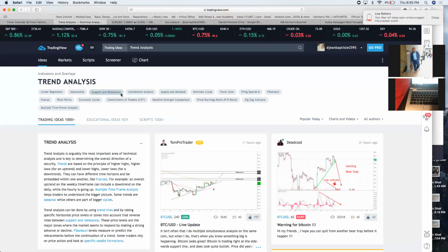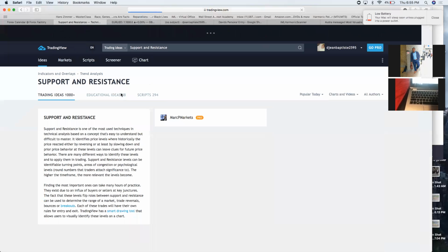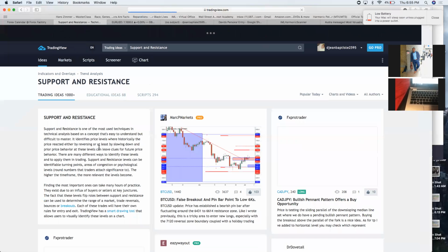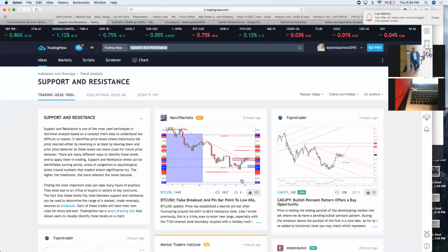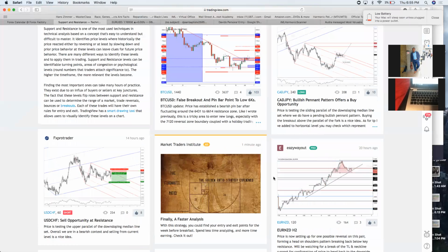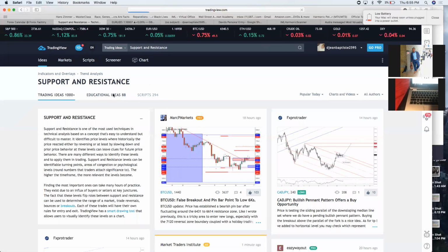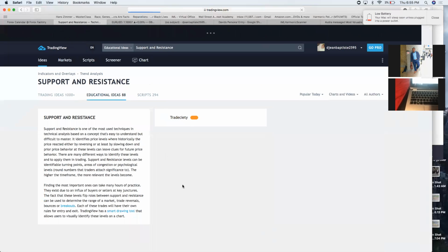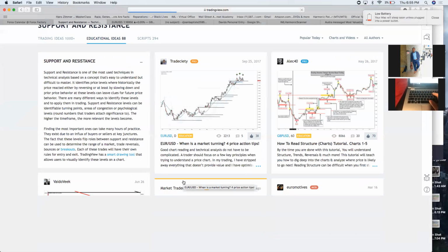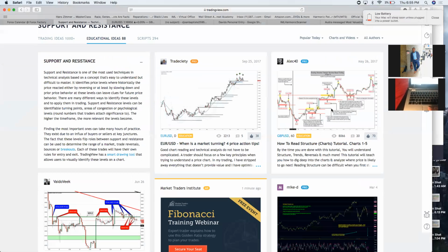If you want to know a little bit more about support and resistance, it tells you more about support and resistance here. These are all the trading ideas and different ways people use support and resistance. You could go to educational ideas to get a little bit more information on how people use support and resistance, right?